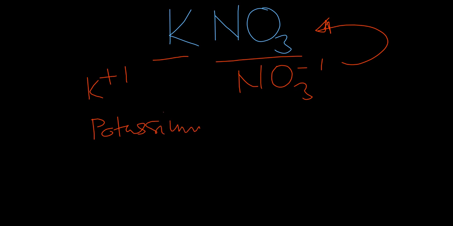Then remember, we will bring parentheses depending on whether the potassium has a variable oxidation state or not. You and I know that potassium is an element in group 1, so it has a fixed oxidation state of 1. Its oxidation state is positive 1.